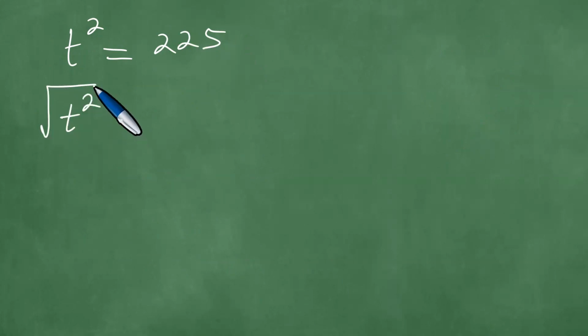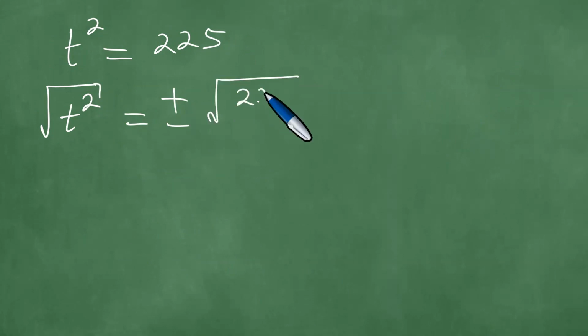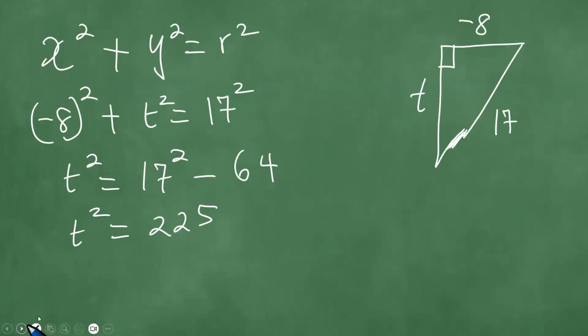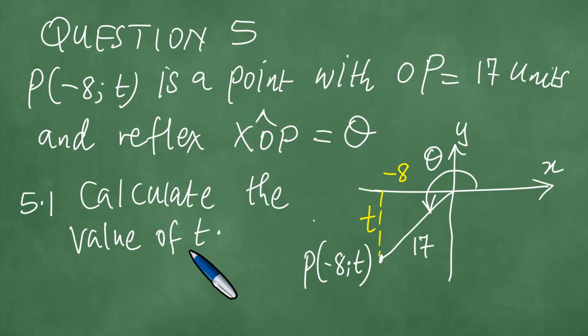You have the square root of t squared here, which is plus or minus the square root of this, which is plus or minus 15. But now let's check here. T must be on this side, the bottom side below the origin, and therefore t must be negative.